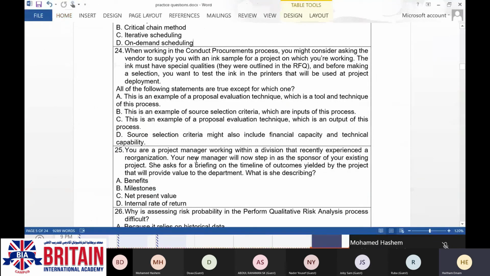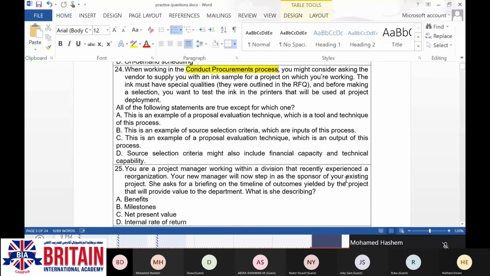The question is saying what? When working in the conduct procurement process, you might consider asking a vendor to supply you with an ink sample for a project which you are working in. The ink must have special qualities. They were outlined in the RFQ.